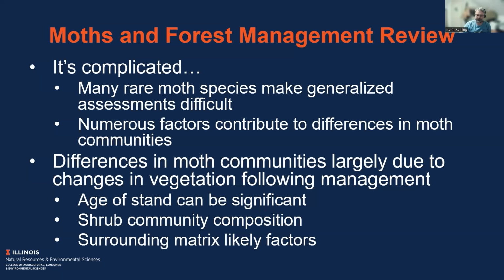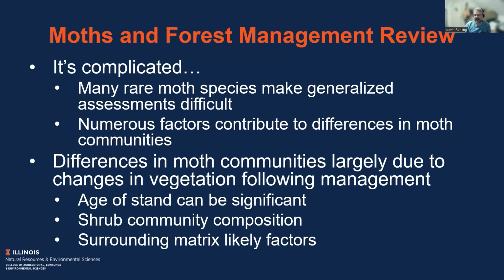So if we're looking at a forest stand that has some management done on a certain number of acres, but surrounding that forest stand might be a forest that has not had management done, moths that might have been in that area could easily repopulate, in theory, from adjacent stands if they were negatively impacted by management in one stand.